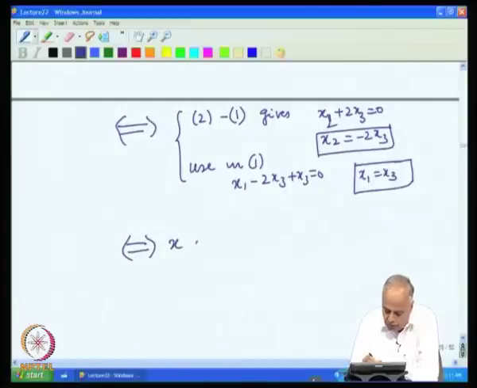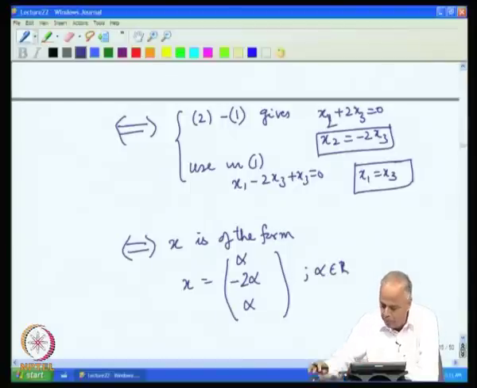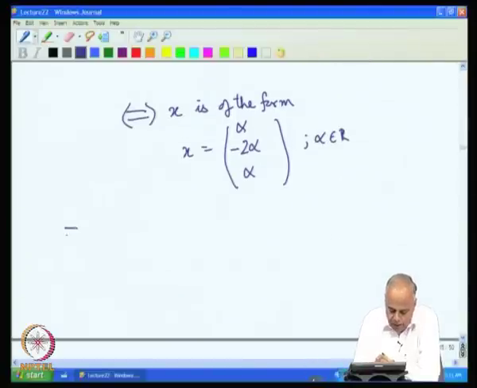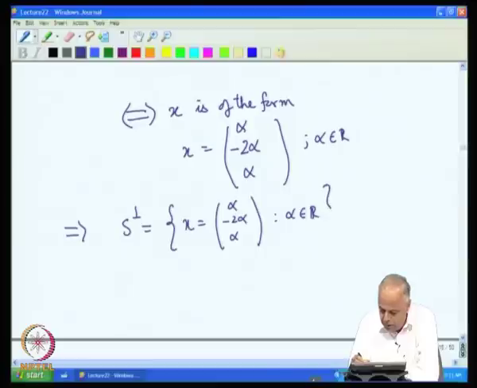So, if and only if x is of the form x equal to, if we choose x 3 as alpha, x 1 has to be chosen as alpha and x 2 has to be chosen as alpha minus 2 alpha, and therefore, S perp consists of all the vectors of this form, and this is clearly a subspace, which can be easily verified.